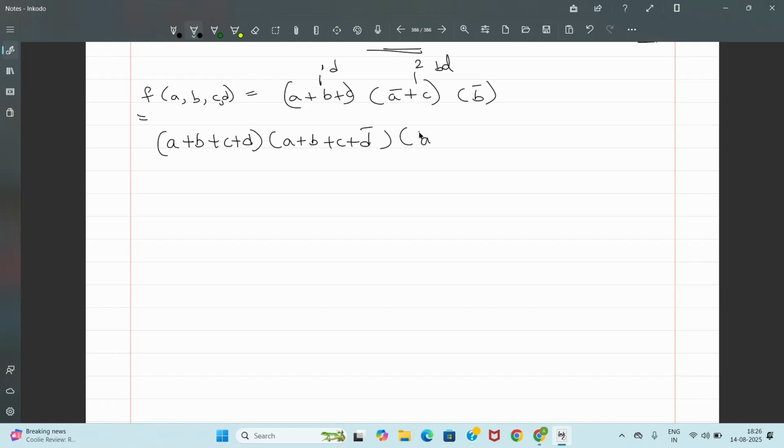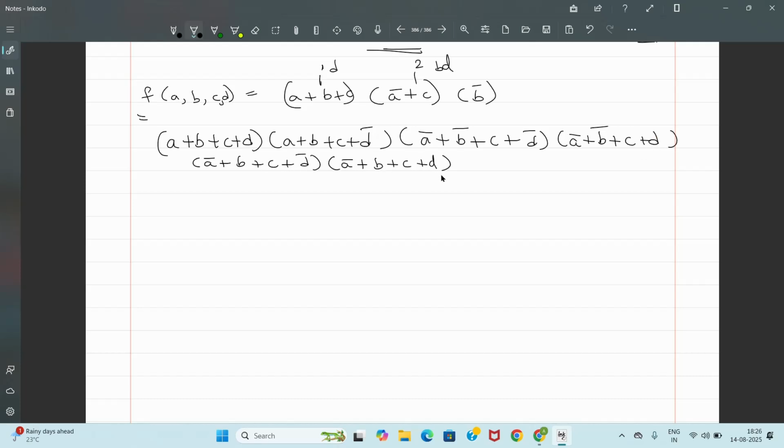So I'll take a bar plus, leave space for b, c plus leave space for d. Like this, you have to repeat four times. Now take the combinations 0, 0, b bar d bar, b bar d, b d bar, b d.